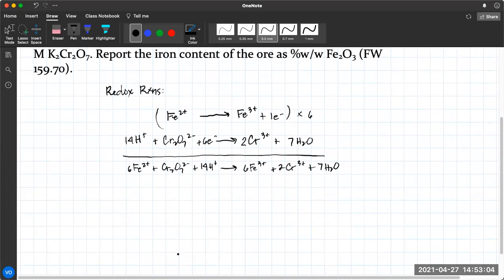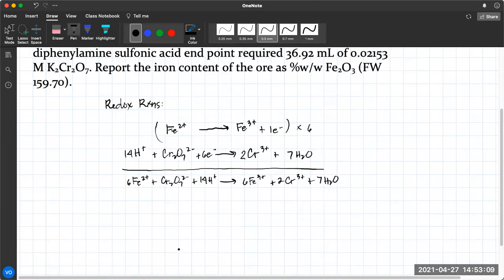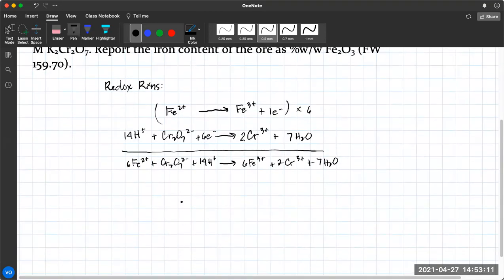Okay. Now, just like in our previous example, what you need to do is to determine the number of moles. The number of moles of iron 2+ will be equal to the number of moles of the dichromate, Cr2O7 2-, multiplied by our stoichiometric factor.